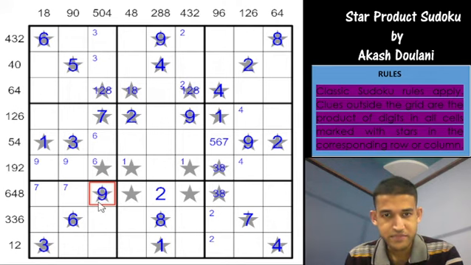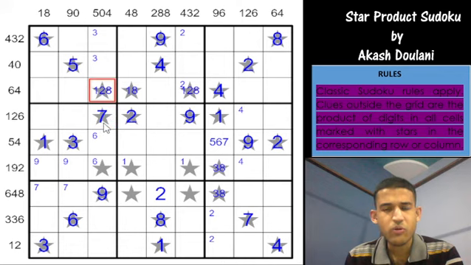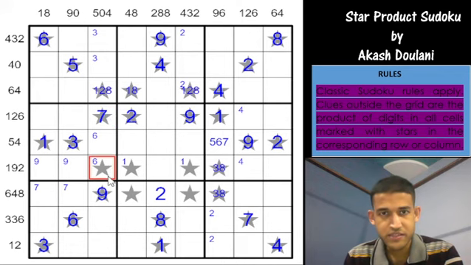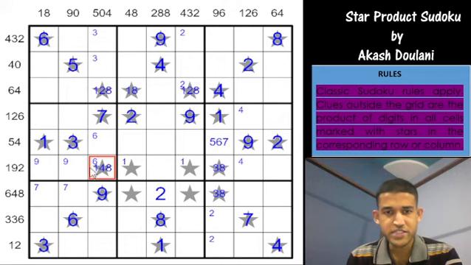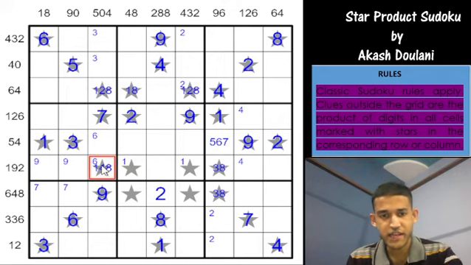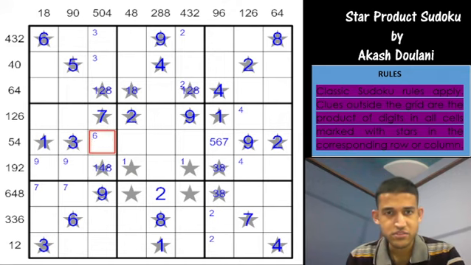That is nice. So now we can just write the digits based on these pencil marks here. So 1, 9, 7. If it is 1, this would be 8 in that case. If it is 2, this would be 36, so 4 in that case. If it is 8, this would be 1 in that case. So 6 can never go here, guys. So this would be 6.